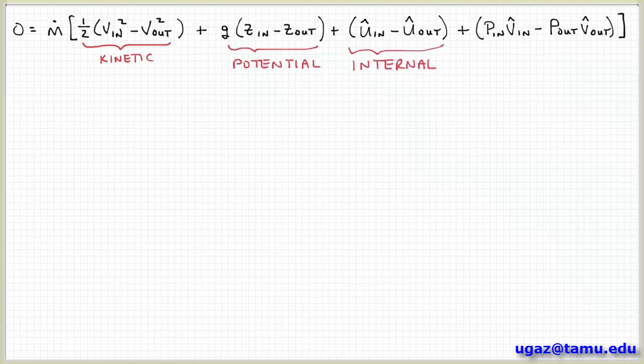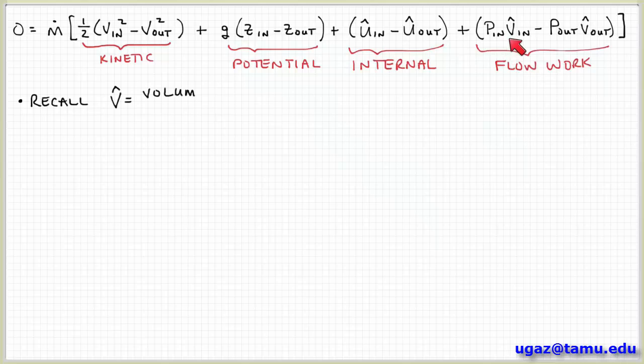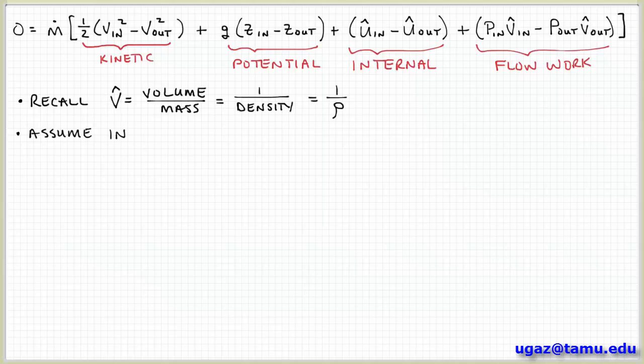Okay, the next step is to recall that the specific volume is volume per unit mass, because that's how I defined it. And remember, density is mass per unit volume, so the specific volume is 1 over the density. Another thing I can do is assume incompressible flow.